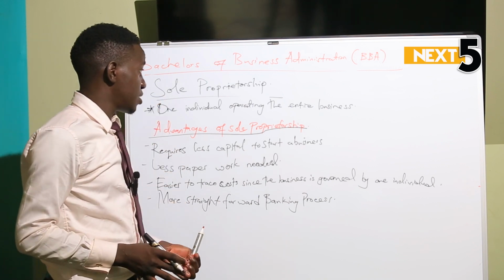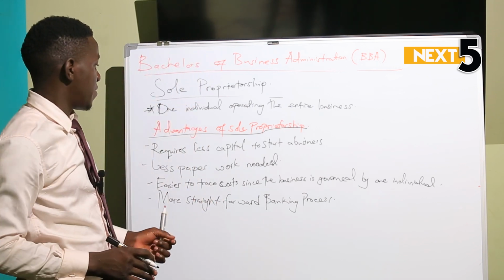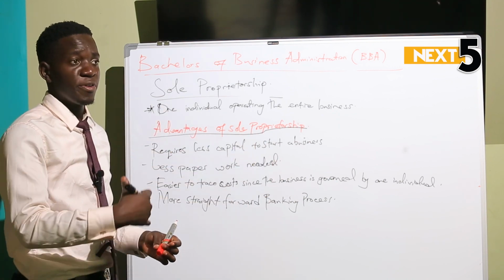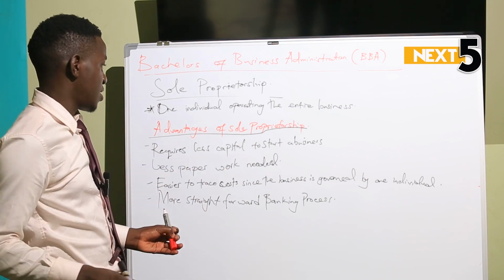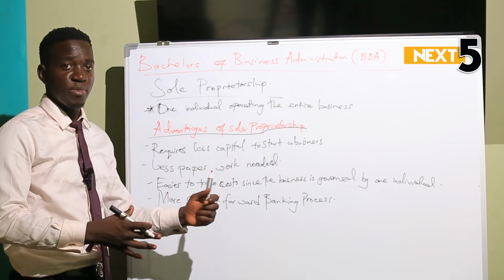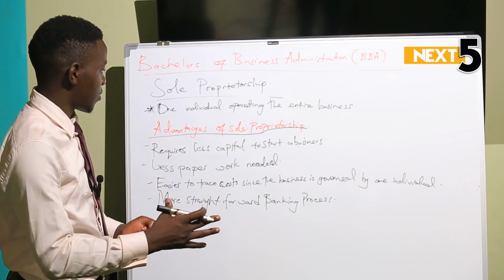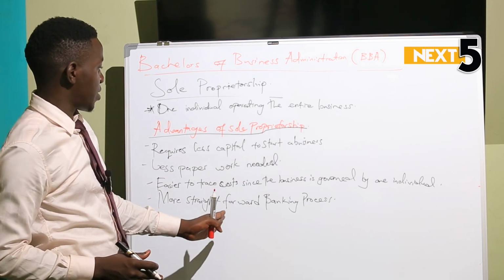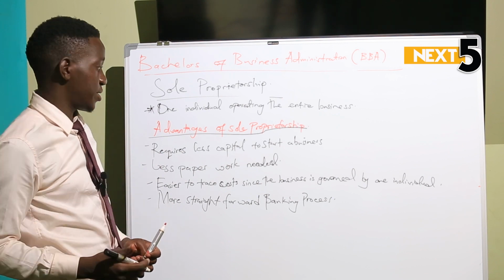You know, in the business entities, when businesses are operating, we find that the ways in which the profits gained from a business are calculated and banked, we find that there are many hands coming in and sorts of money is sort of laundered. So when you're operating it alone, you find that there are more straightforward banking processes.